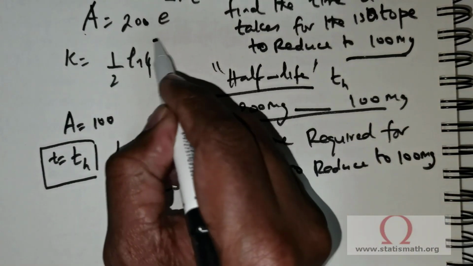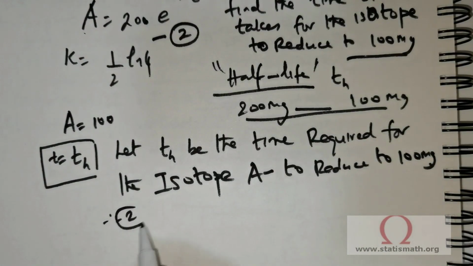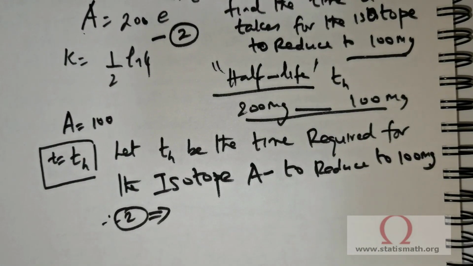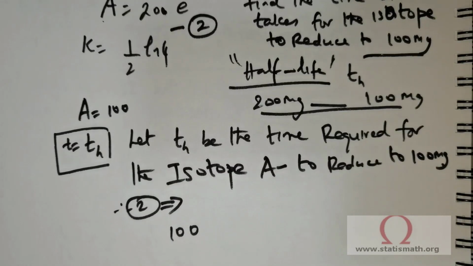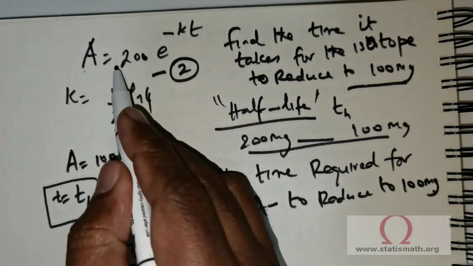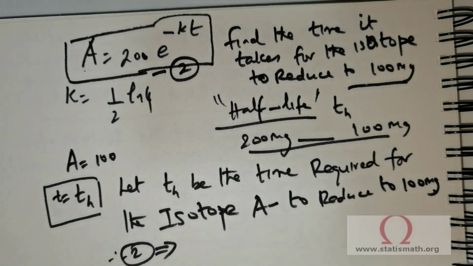Okay, so therefore, if I were to take this as, say, equation 2, therefore, rewriting equation 2 becomes, it's going to be 100. I'm going to take this equation as 2.